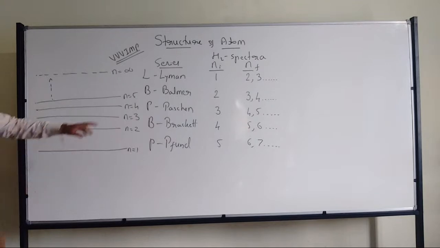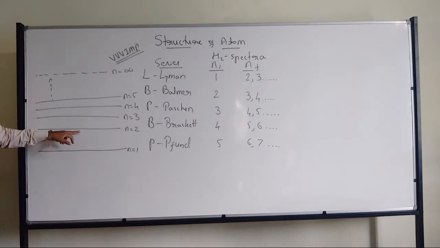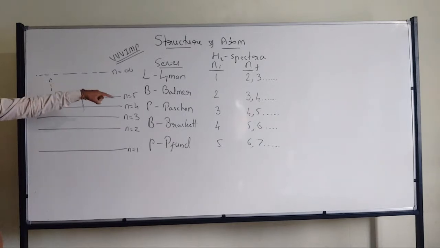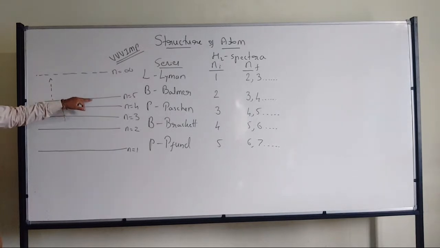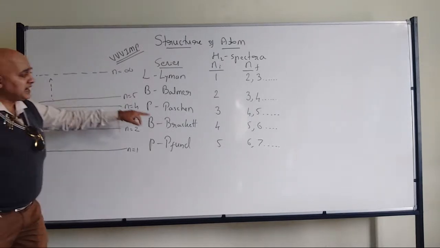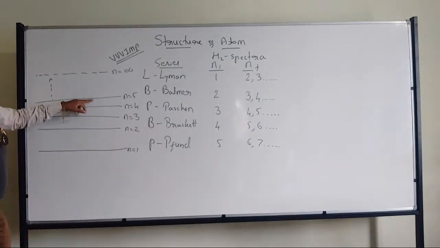Got my point? When it comes to Balmer, the initial electron will be here. From here it can move here or here or here. When it comes to Paschen, the initial electron was here. From here it has jumped to here or to here. For the Brackett series, it will be here, and from here it will move here. All of you have understood?